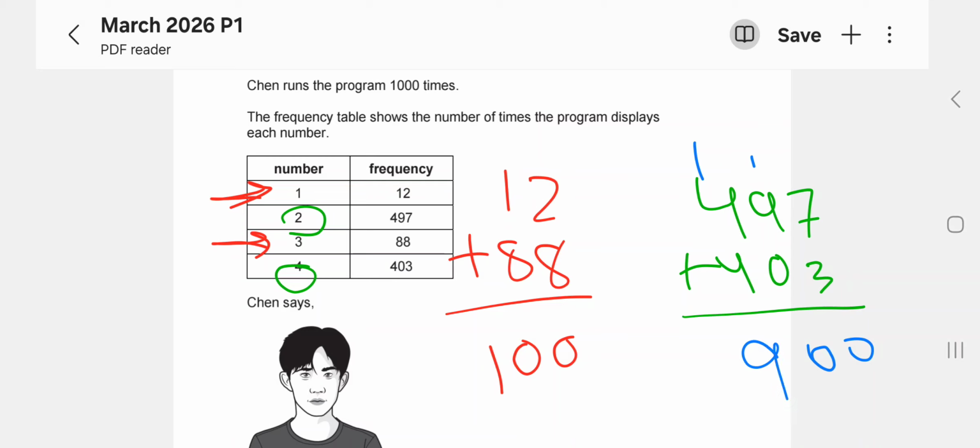So for sure this is not correct. You can write here: probability of even is 800 more than odd. Or I can say also that the odd numbers are only 100. So for sure they are not the same.